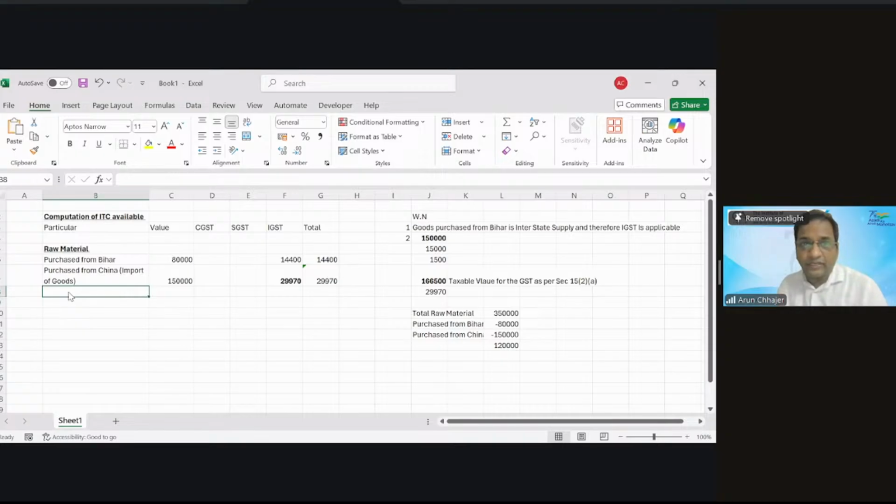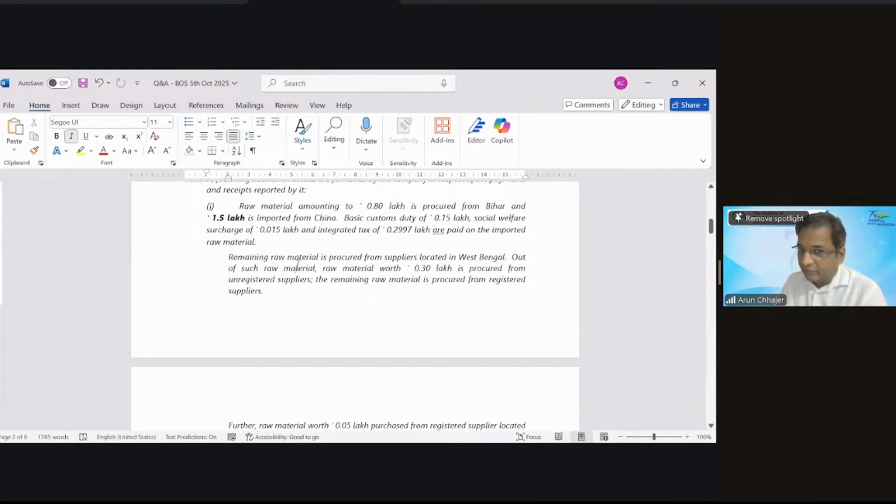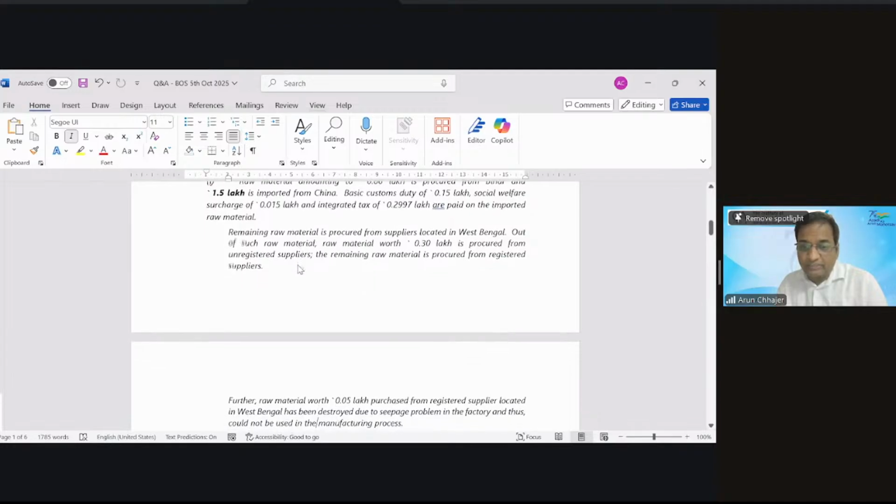Now, remaining materials, let's talk about what it says. Remaining material is procured from the supplier located in West Bengal, and the amount comes to 1,20,000. Out of such raw material, worth rupees 30,000 is procured from an unregistered supplier and the remaining material is procured from a registered supplier.